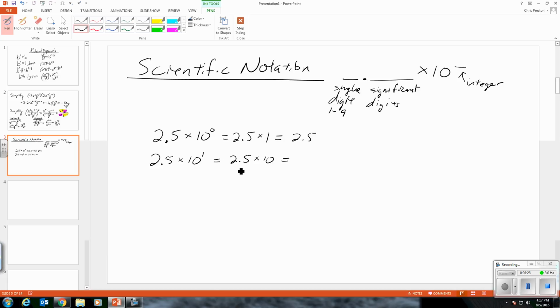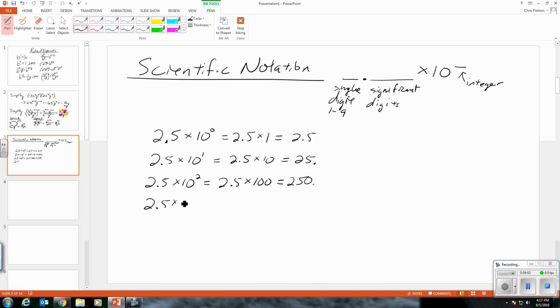So if you multiply 2.5 times 10, you're going to get 25. And if I were to put a decimal there, the decimal would be right there after the 5. Let's say I have 2.5 times 10 to the 2nd. Well, 10 to the 2nd is 100. So if you take 2.5 times 100, you're going to get 250. And again, my decimal would be right there.